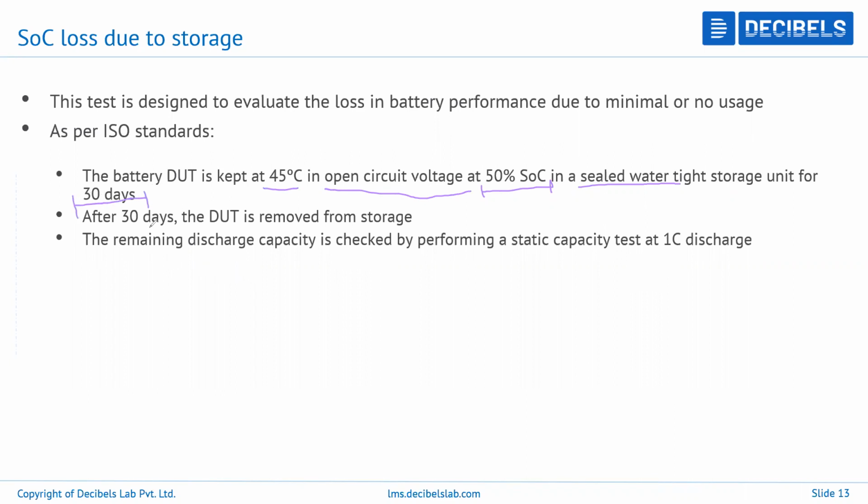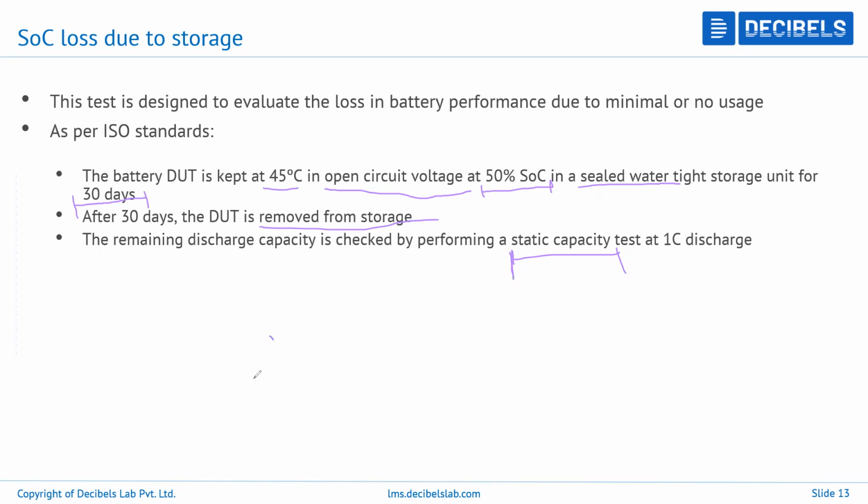After the 30 days have elapsed, this battery pack or test piece will be removed from storage, and once again the static capacity test will be performed at room temperature to check how much capacity has been lost. Referring back to the static capacity test which I introduced earlier, that same test will be performed again.